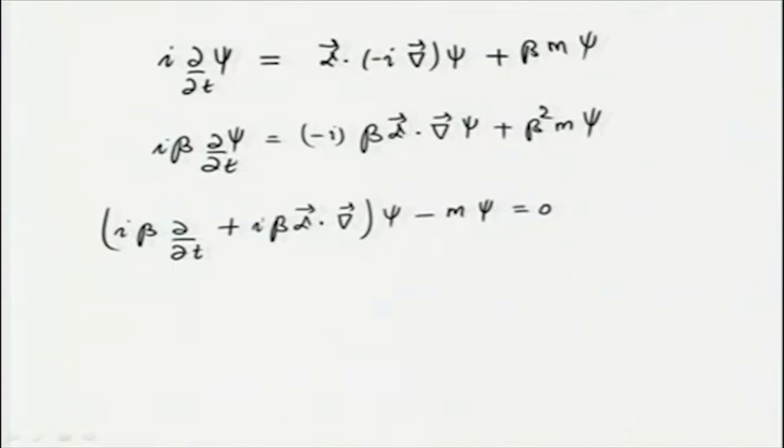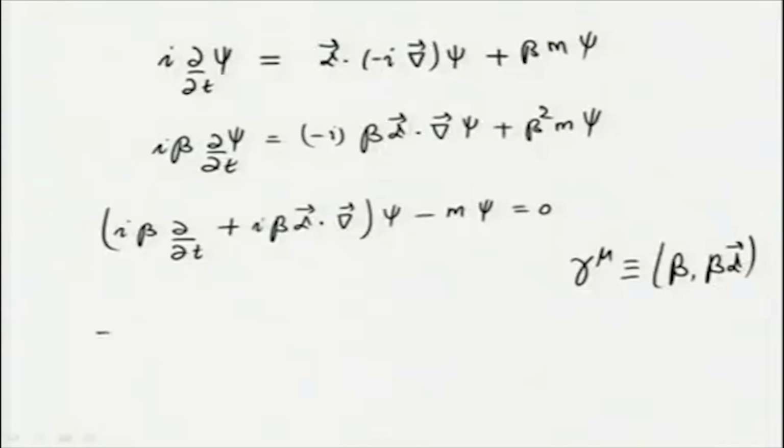Let me introduce a notation gamma mu equal to beta and beta alpha. So, gamma 0 is beta, gamma 1 is beta alpha 1, gamma 2 is beta alpha 2, gamma 3 is beta alpha 3.